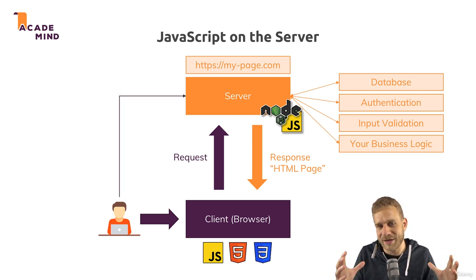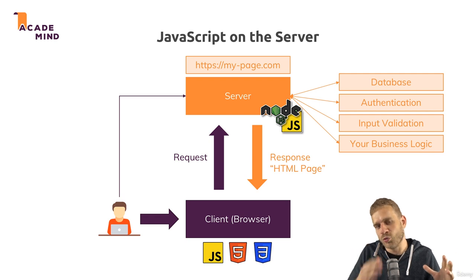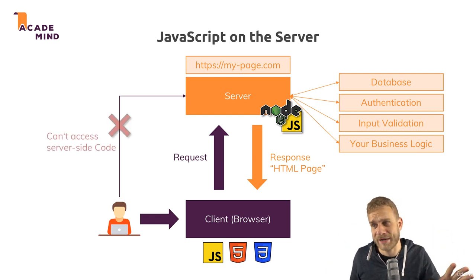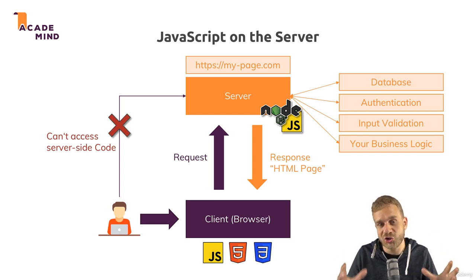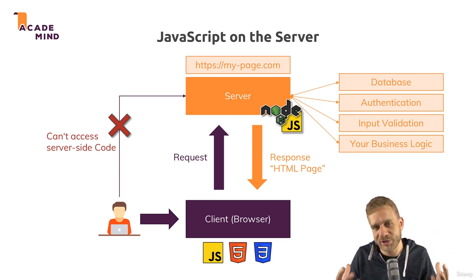And this is how we indirectly allow our users to work with the server through that request-response pattern. The direct access is not available. So this is how we will use Node.js in this course also. We will use it to write code on the server that returns data our users, our clients, can work with.